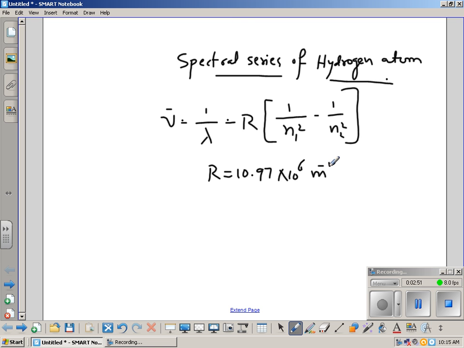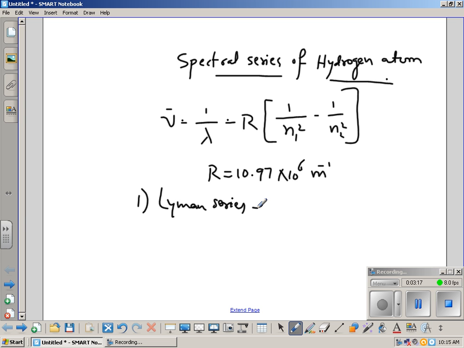So first we'll go to the Lyman series. In the above equation, if we take n1 as the first orbit, or the Kth orbit, you can indicate it by letters K, L, M, N or by the number of the orbit 1, 2, 3, 4.